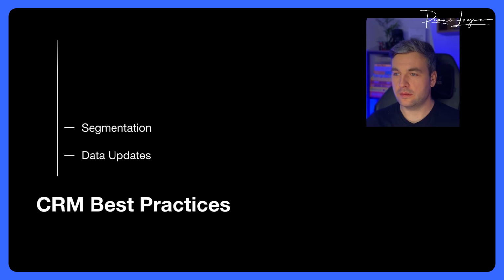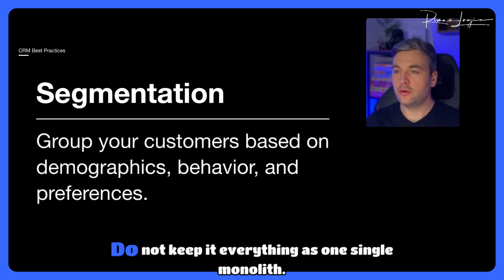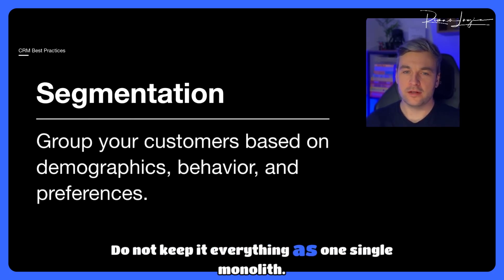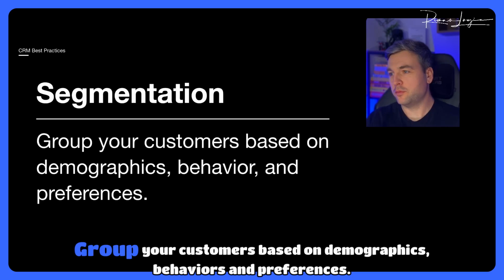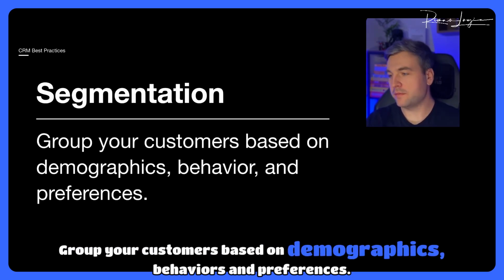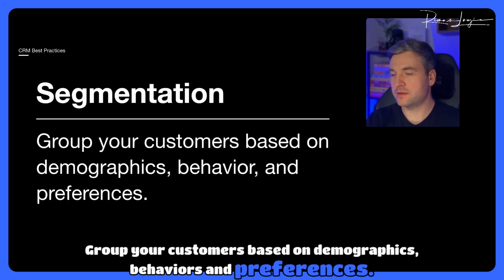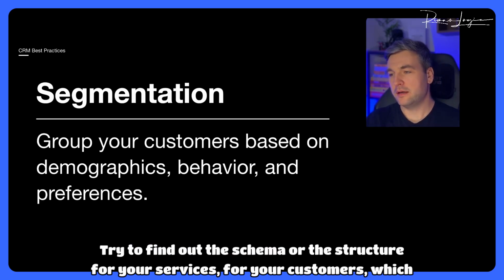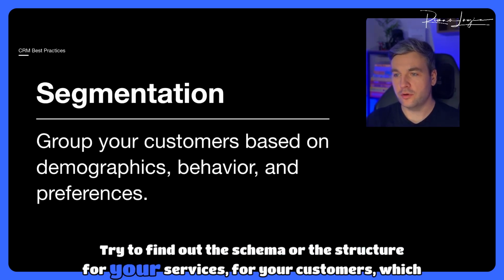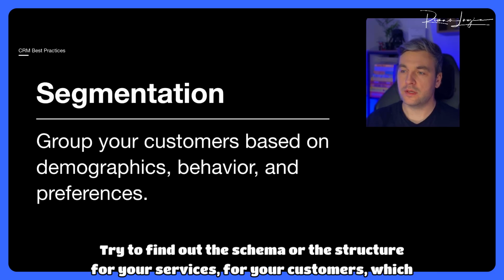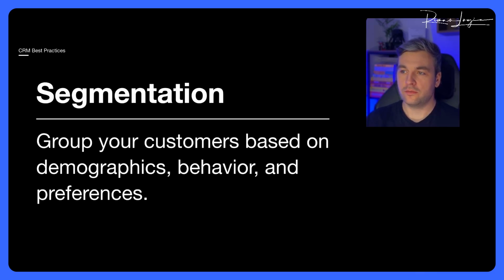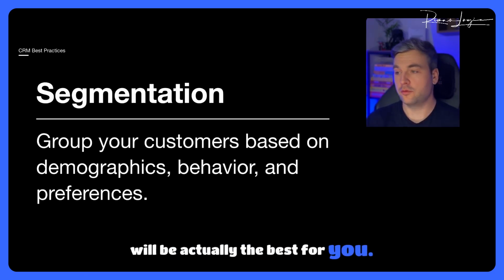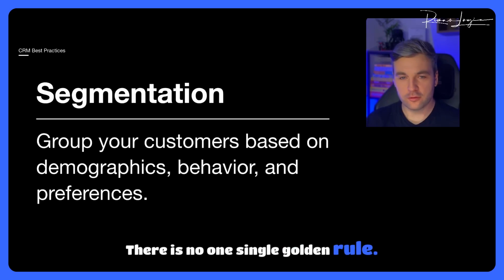Segmentation. What does it mean? Do not keep everything as one single monolith. Group your customers based on demographics, behaviors, and preferences. Try to find out the schema or the structure for your services, for your customers, which will actually be the best for you. There is no one single golden rule.